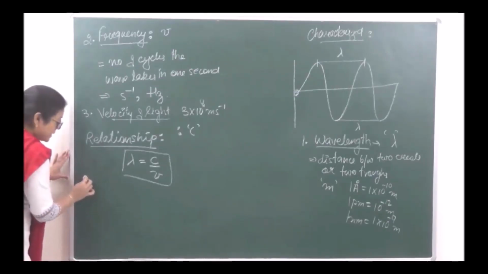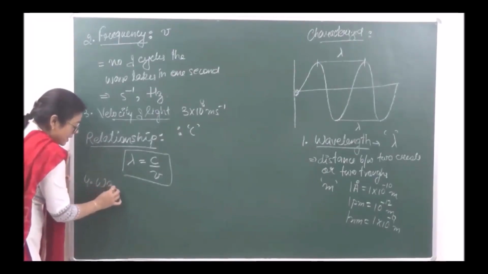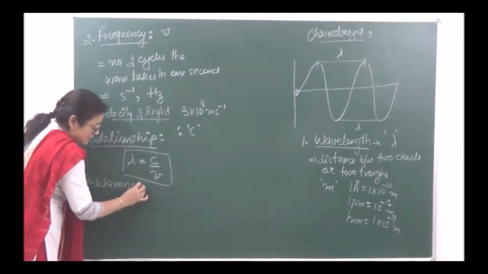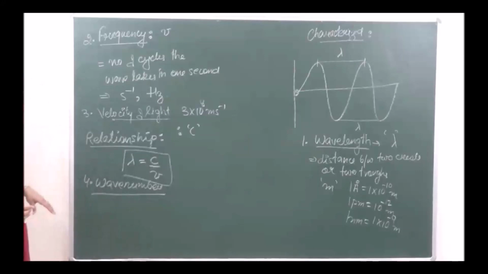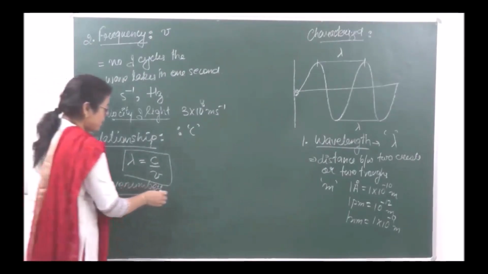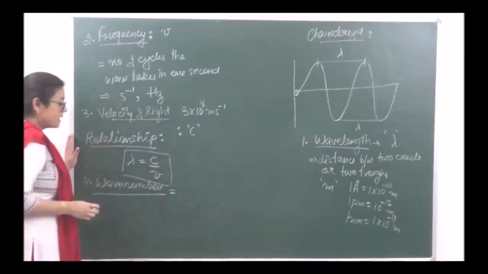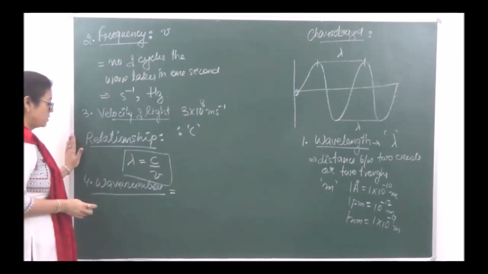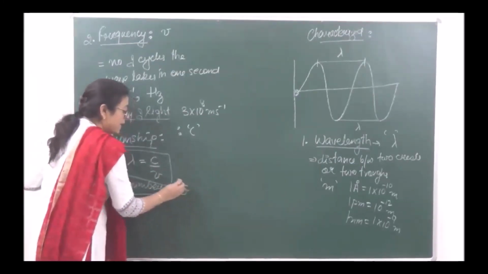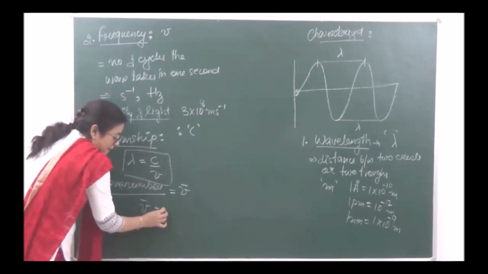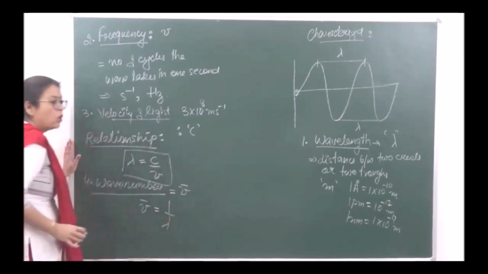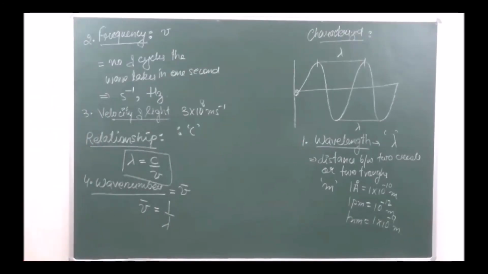Then the fourth characteristic we have is wave number. Wave number is represented by nu bar, and it is the reciprocal of wavelength, right?